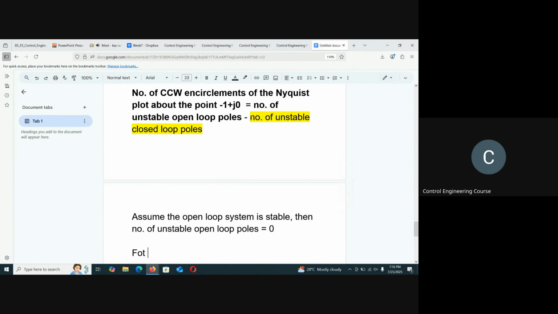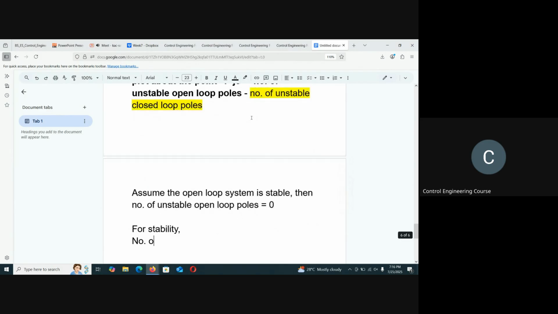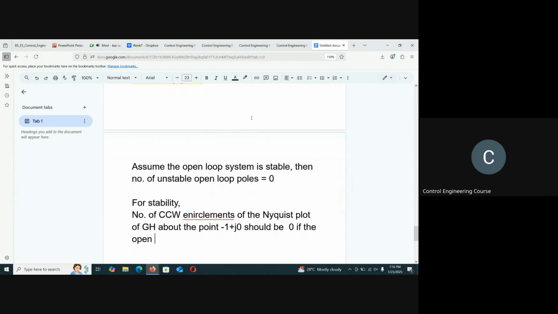So for stability, the number of counterclockwise encirclements of the Nyquist plot of GH about the point -1 plus J0 should be 0 if the open loop system is stable.